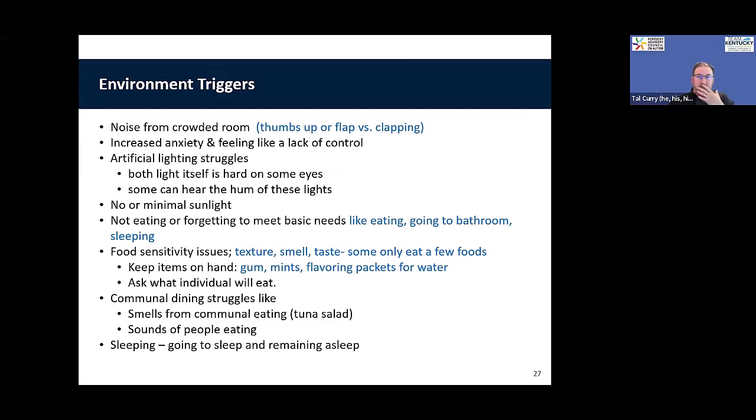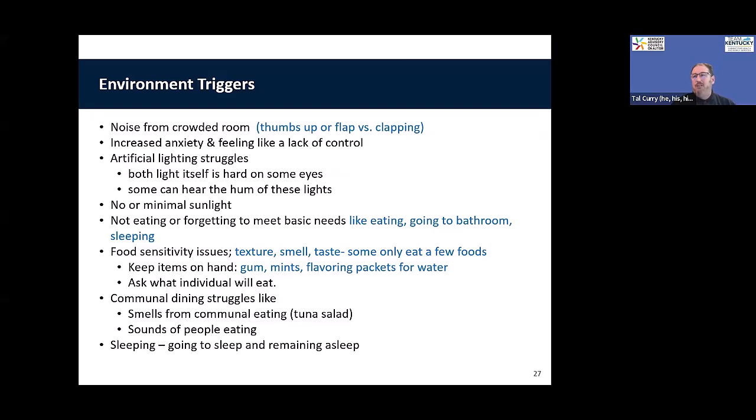This slide is an additional slide, and I put this under here because I just wanted to make sure that you all are aware of environmental triggers for autistics. So noise from a crowded room. You might see folks flapping versus clapping in a crowded room, or telling people to do thumbs up.